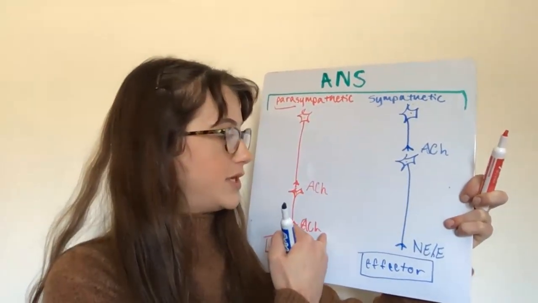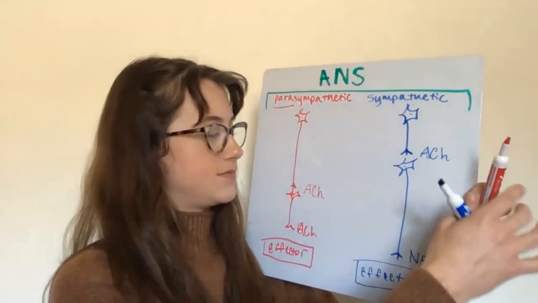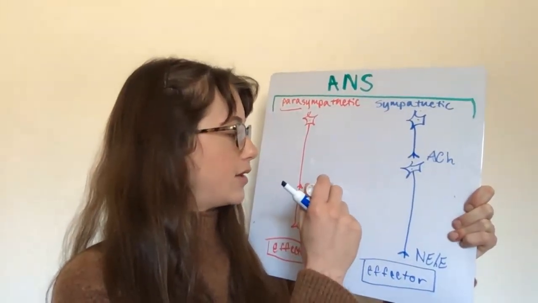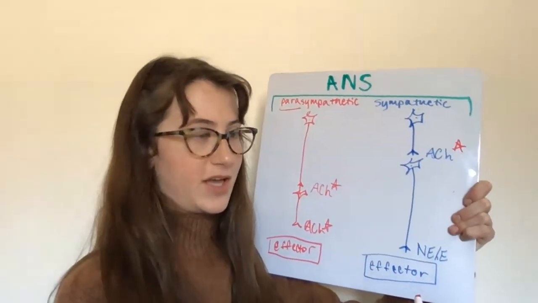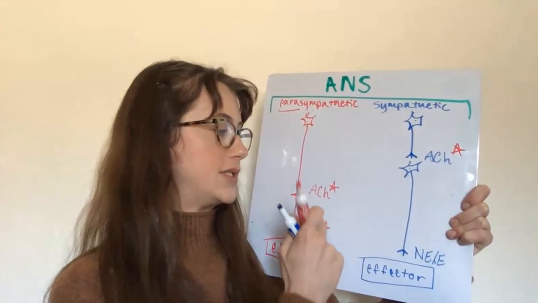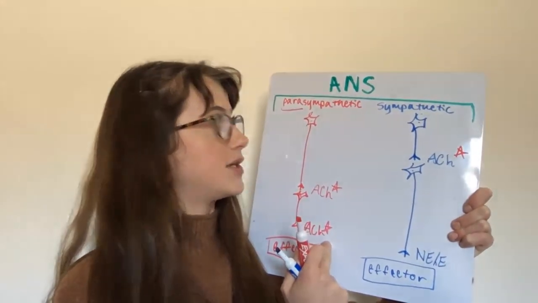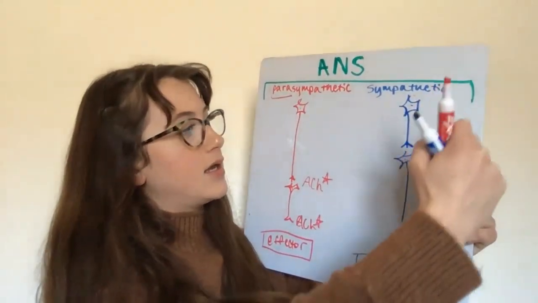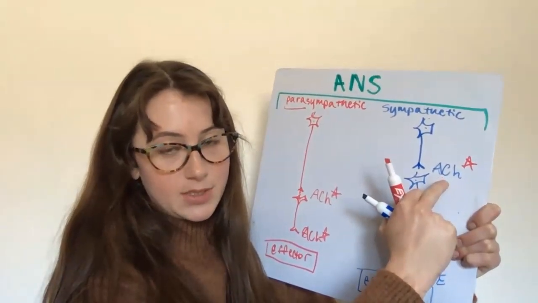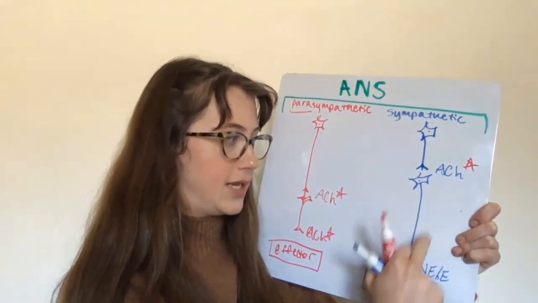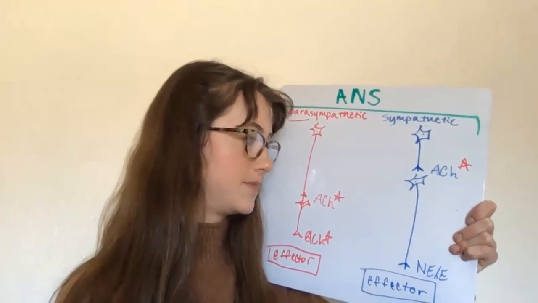Looking at our neurotransmitters that are being used, the answer is yes, it can also affect the autonomic nervous system because it's going to be working on wherever acetylcholine is being released. So in the case of LES, we would see difficulty releasing acetylcholine both from the presynaptic neuron and the postsynaptic neuron in the parasympathetic nervous system. And in the sympathetic nervous system, there is going to be difficulty releasing acetylcholine in the presynaptic neuron, which if you have difficulty communicating that to the postsynaptic neuron, it's probably less likely to release that norepinephrine or epinephrine, right?